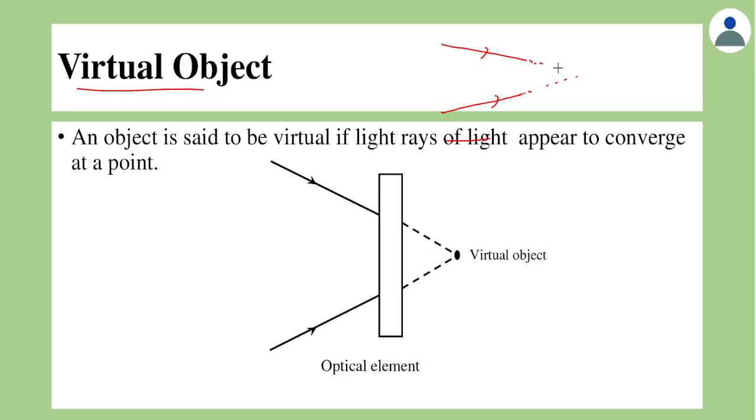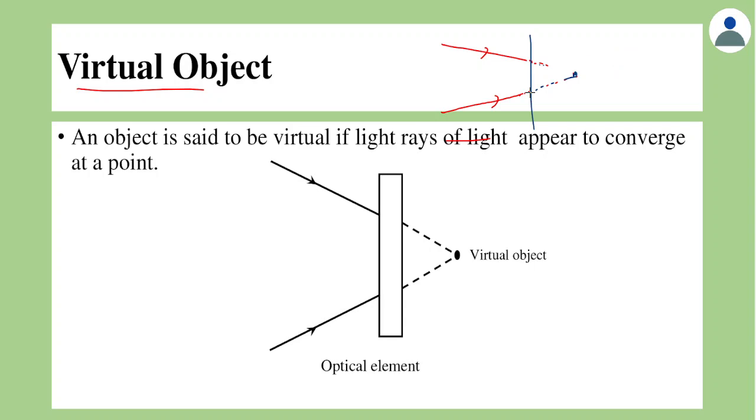Suppose in its path, if you place a mirror like this or something else, then these light rays would reflect or refract. So this point where they would have gone and met acts like a virtual object. We'll take this up in detail in the later topics. It'll become very clear from there. For now, remember, virtual object means in terms of ray optics, these are points where light rays actually or apparently meet.